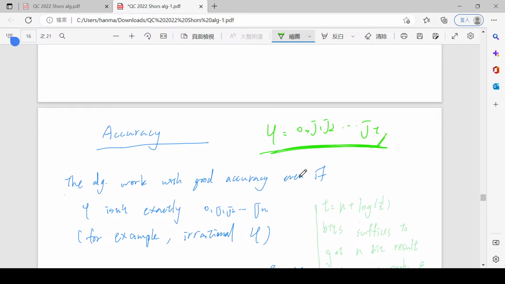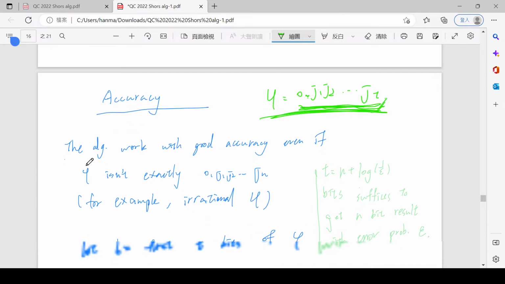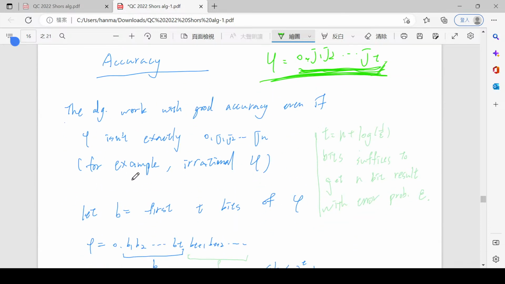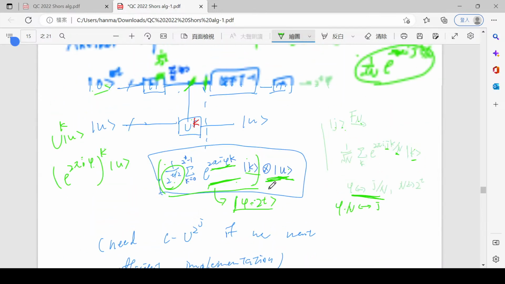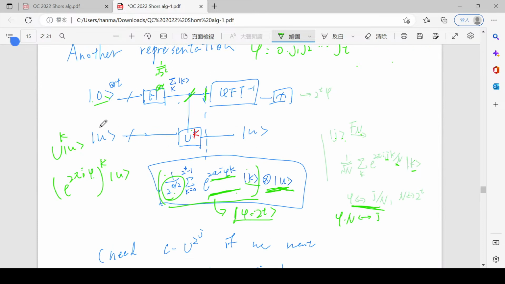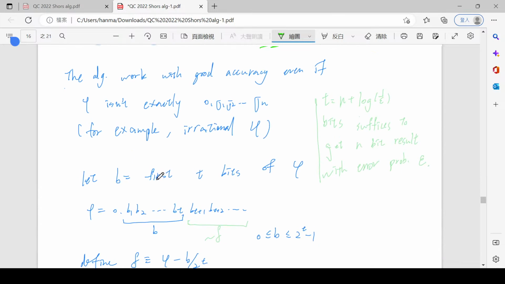So we want to ask, if your psi is actually not like this, but something close to this form with some error, then what's the accuracy when you run phase estimation? Or how do you deal with that? And the answer is you can still run this circuit, but you will just lose some bit of accuracy to errors.